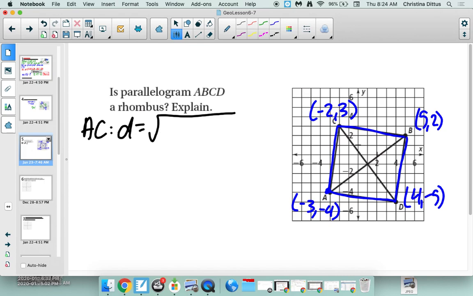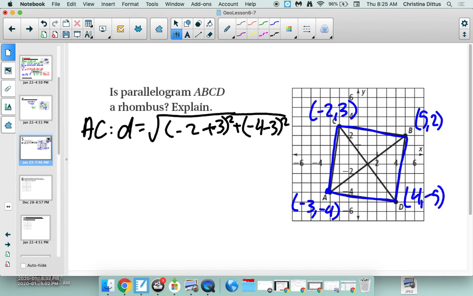Start with x's. Our x is -2 minus -3 squared plus my y's. -4 minus 3. Yes, minus. It's always a minus, except that one will turn into a plus because you subtract.